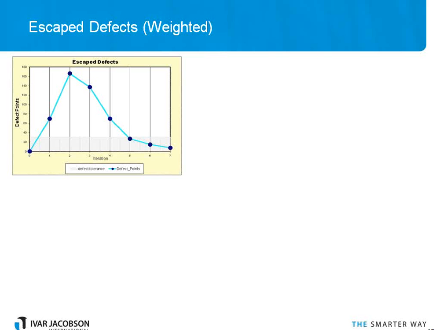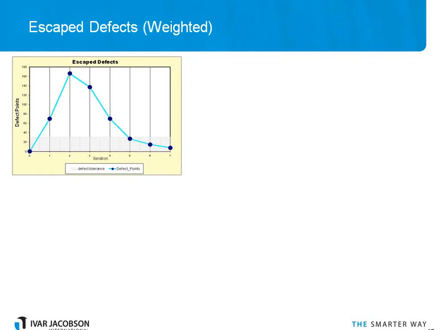So our next one we'd like to take a look at in more detail is escape defects. This is a measure of the quality of the code that's being produced. One of the things with iterative projects, and most of these measures, is they do rely on us testing stuff every iteration as we go along. So we would expect, this is a typical sort of defect trend for a sort of healthy project.